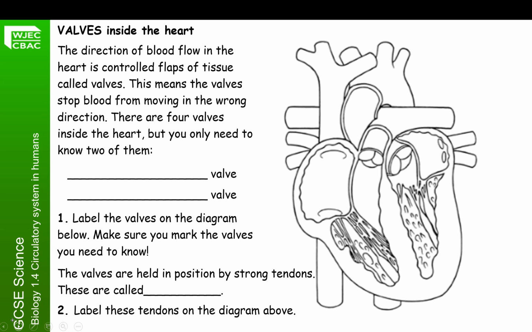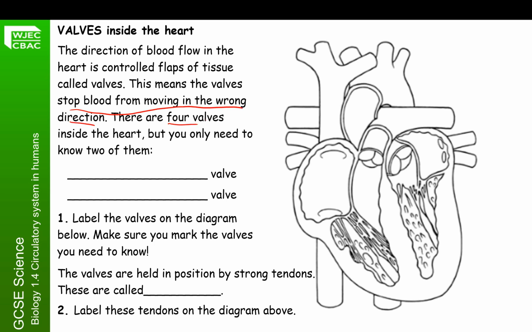You might get a little bit comes out as you unscrew the pump, but the valve should close to prevent air escaping. Now, in the heart, these valves control the flow of blood. They keep it going in one direction and they stop it from moving in the wrong direction.